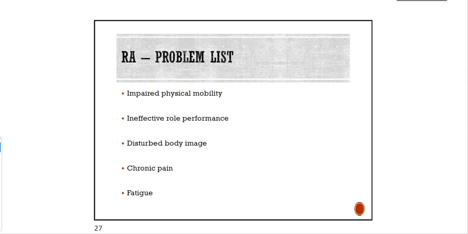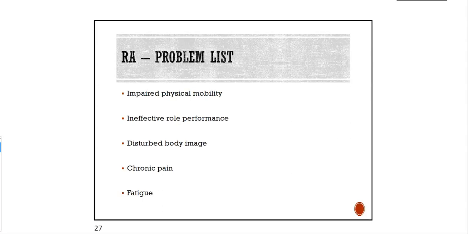So problem lists for RA include impaired physical mobility, ineffective role performance, especially from the chronic pain. And it's really sad, you guys, patients who have autoimmune disease, it does affect their day-to-day, especially since most of this autoimmune disease starts at a younger age. And so it affects how they interact with their loved ones.